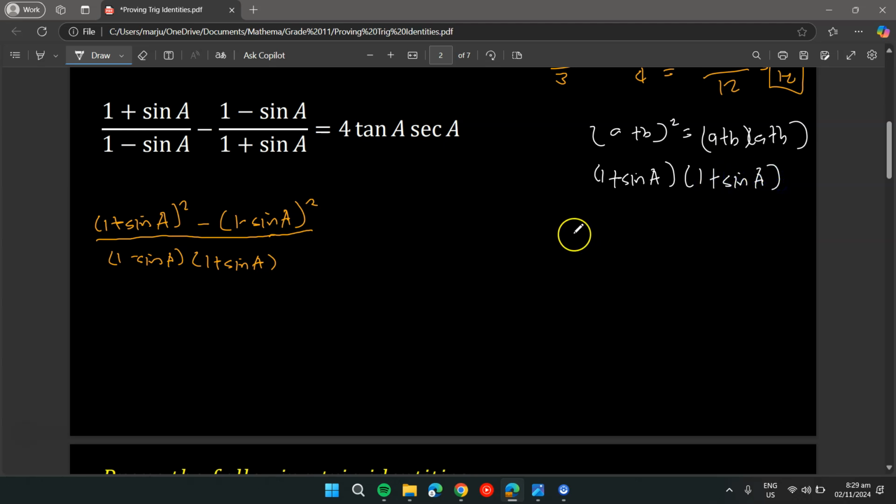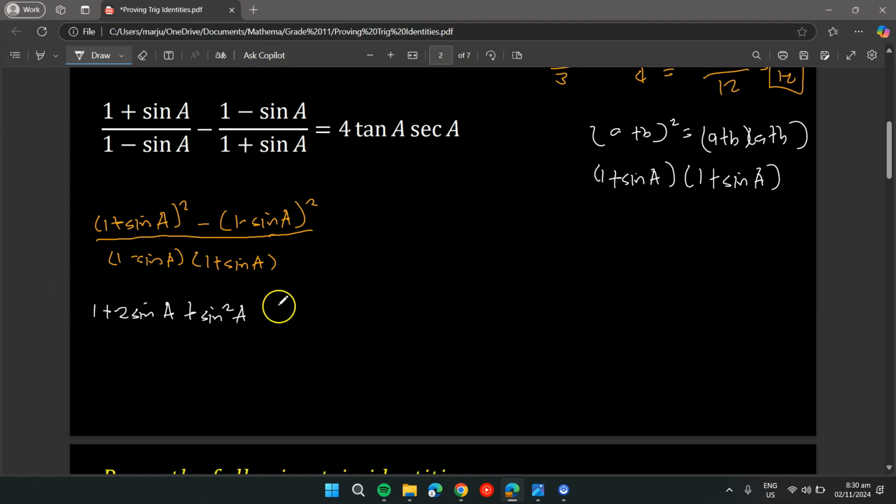Alright, so I'm going to use the FOIL method. This will become 1 times 1 is 1, and then plus 2 sine of a, and then plus sine squared of a.